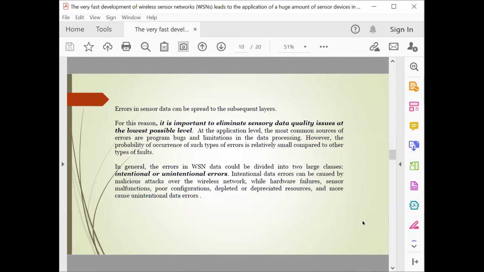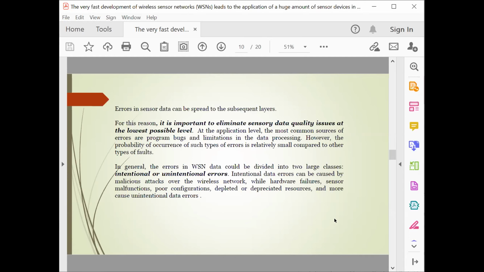Some errors of sensor data can be spread to the subsequent layers. So for this reason, it is important to eliminate sensory data quality issues at the lowest possible level.